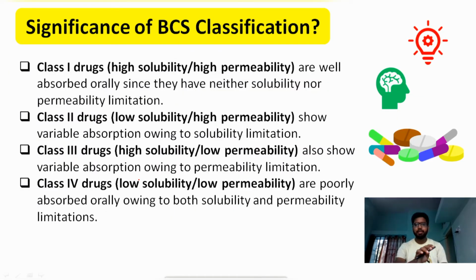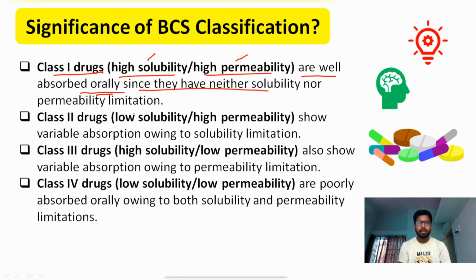Now coming to the significance. What is the significance of the BCS classification? Class 1 drugs, where high solubility and high permeability are there, are well absorbed orally. Why are they well absorbed? Because they have high solubility and high permeability, so they are neither solubility nor permeability limited.